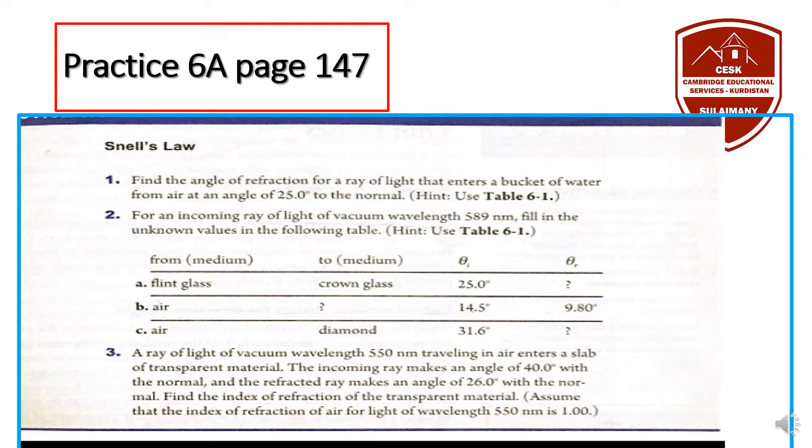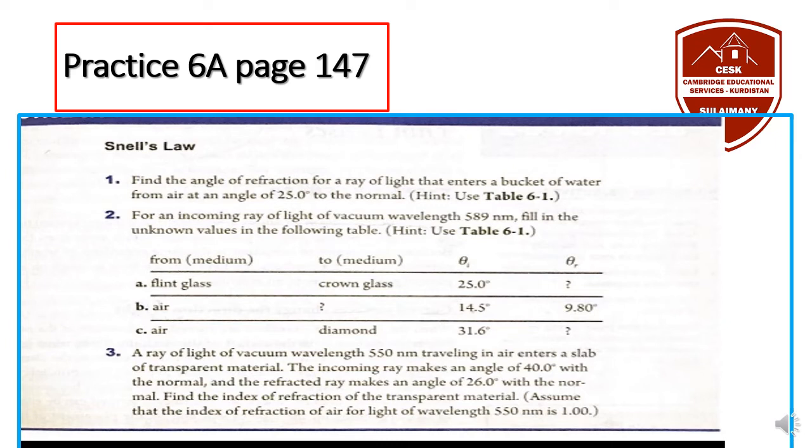Fill in the unknown values in the following table. Again, he said use table 6.1 to find unknown. I prepared a new table for you, but let us read question 3, because question 2 will be homework for you.